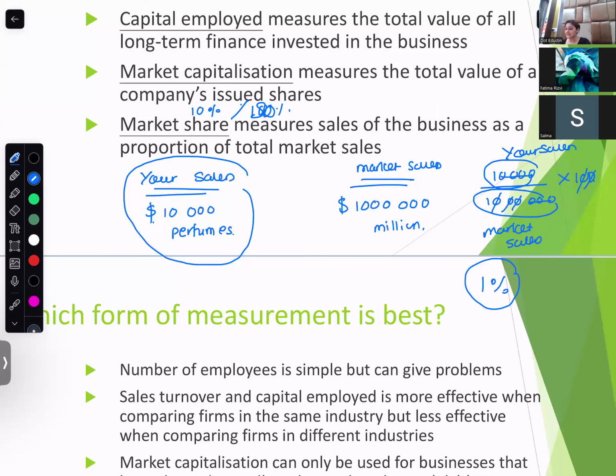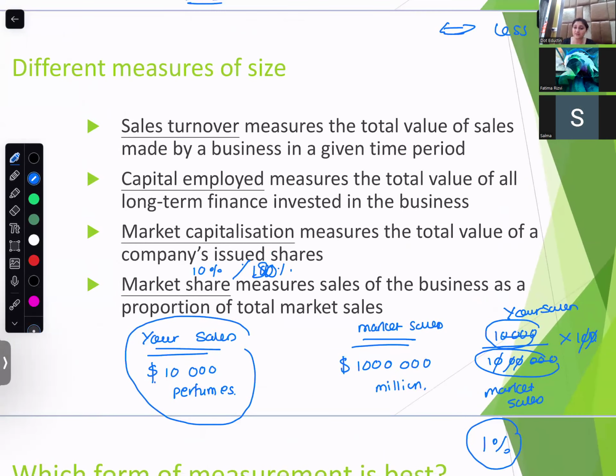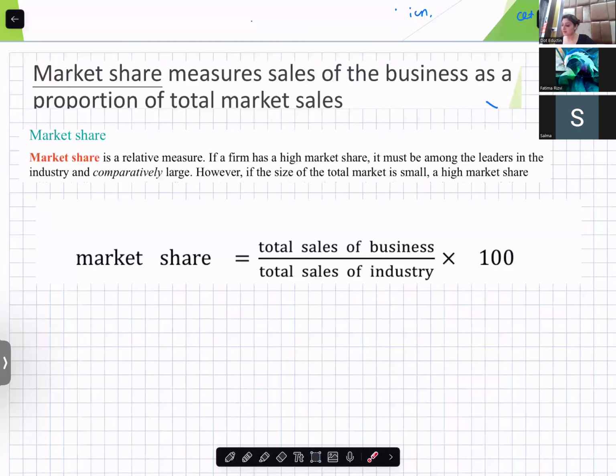Okay. So these are the different ways to measure size of the business. I'm giving you some time. Please check. Miss. What is market share? What does market share do? Market share is basically the share of the market. I don't know how to explain it, Miss. Measures the sales of your business in proportion to the total market sales.